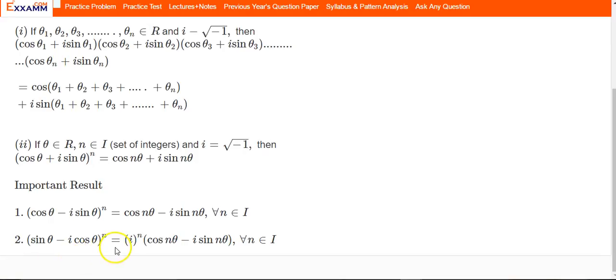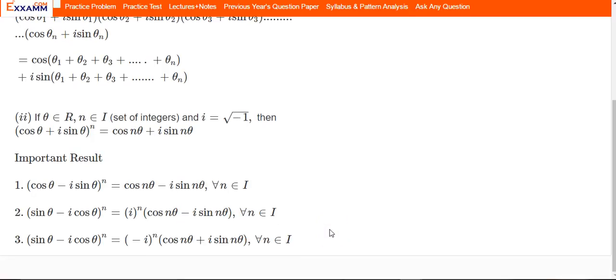By simple manipulation you would come to know that its value is equal to i to the power n (cos n theta minus i sin n theta). Similarly, (sin theta minus i cos theta) to the power n would be equal to, if we take minus i common out of this expression, (minus i) to the power n (cos n theta plus i sin n theta).